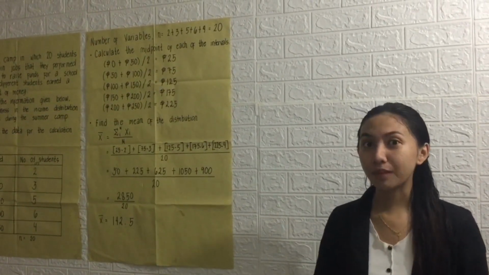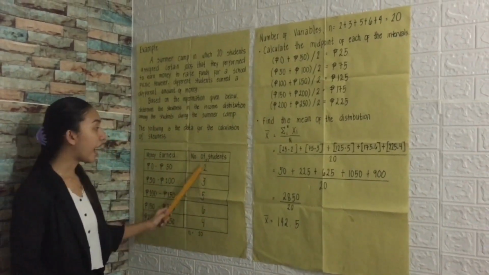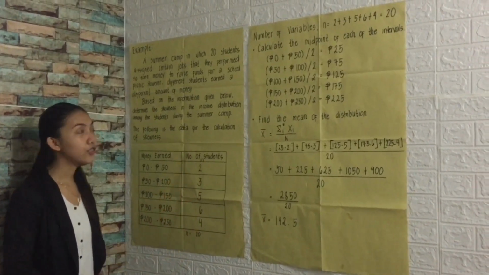Before proceeding to the other steps in skewness, we are going to find the summation of the number of variables. To find it, we add each of the values in the number of students.